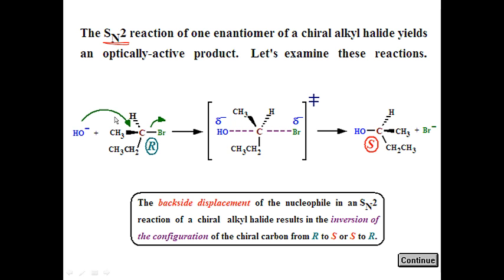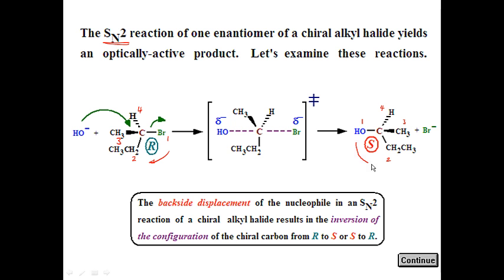And so if we started over here, we would say this would be priority group 4, priority group 1, 2, and 3. So this is the R configuration, whereas over here in the final product, we would get priority group 1, priority group 4, 2, and 3.